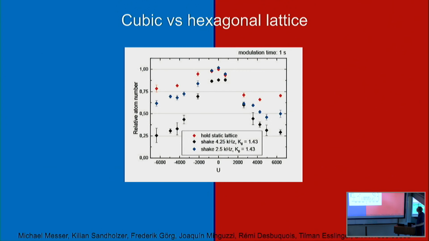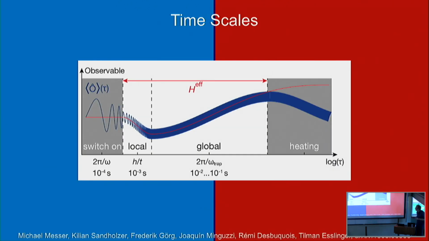Now one may ask the question, what are actually the timescales? Can one measure the timescales somehow? You have some observable, which will be double occupancies, and you switch your drive on, and then you may change some parameter, the tunneling or the effective U, and you want to see what is happening with this observable, and that might change over a certain time.